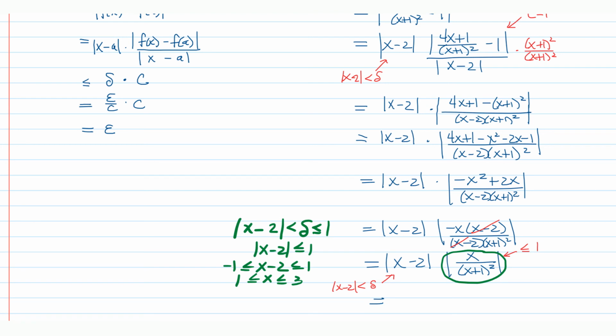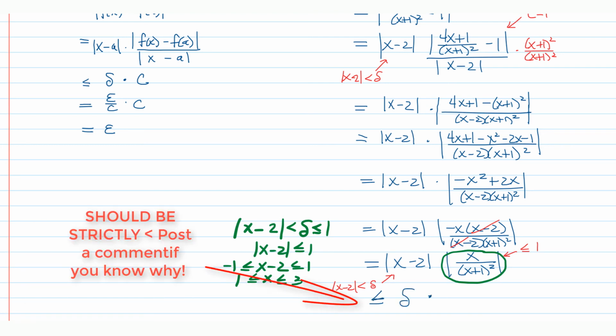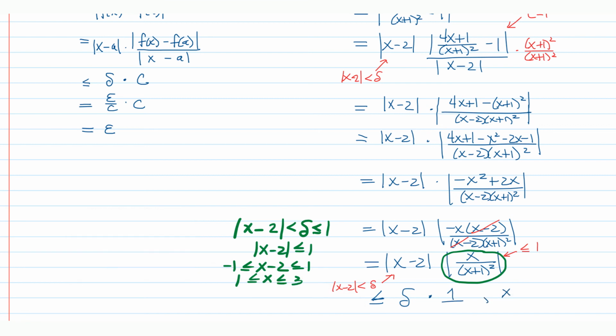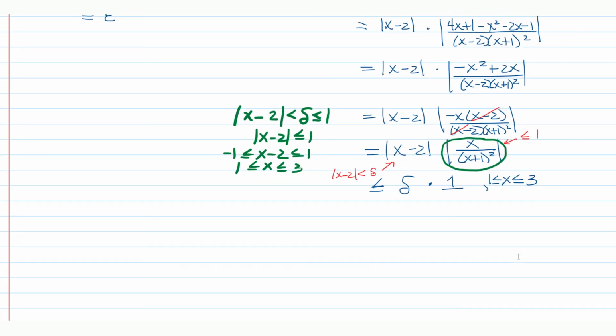I'm going to write is less than delta times, and then I'm going to write 1 as long as x is between 1 and 3, which we know that x is. So that means that we're going to have delta, and we chose delta to be 1 or epsilon, depending on which one's smaller, and so no matter what it is, it's definitely less than or equal to epsilon.